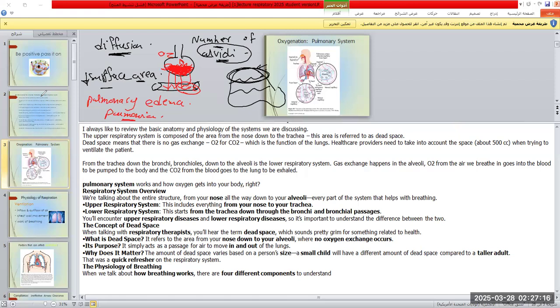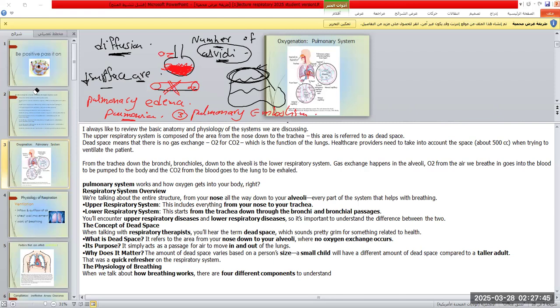Important. The third concept: if there is anything that interferes with blood vessels, if the blood vessels are blocked here, there is no diffusion, as in pulmonary embolism. So those are the three causes that interfere with diffusion.